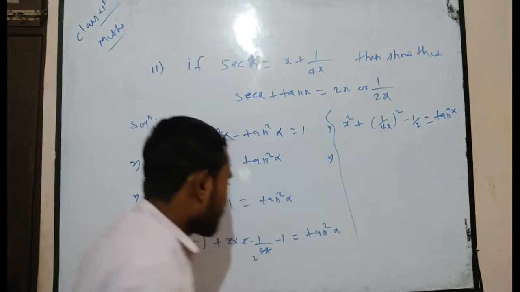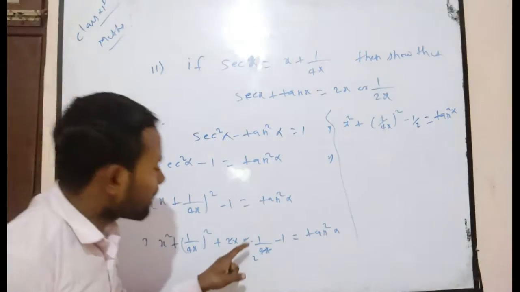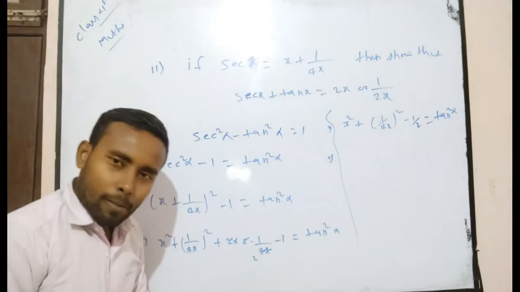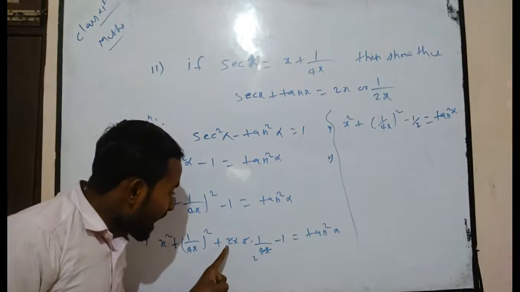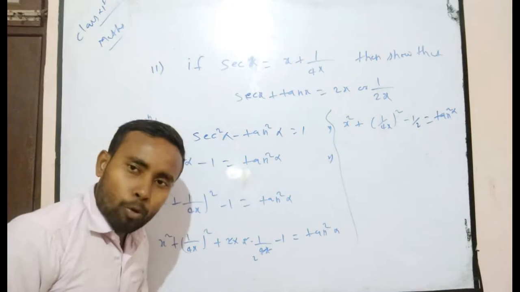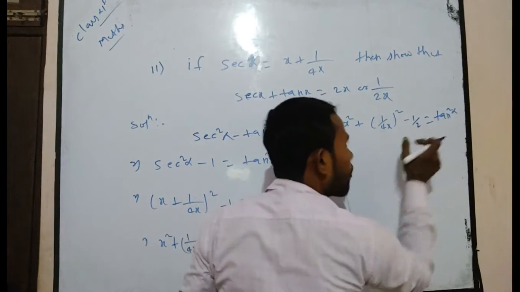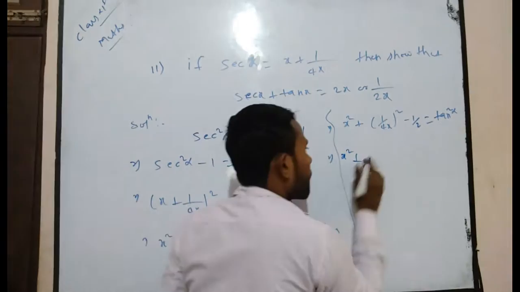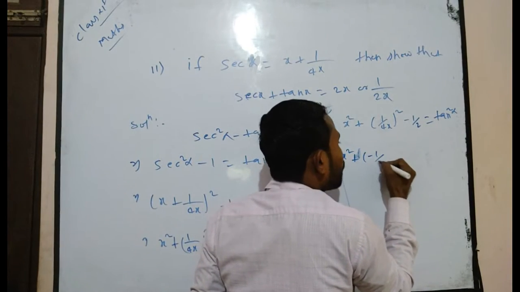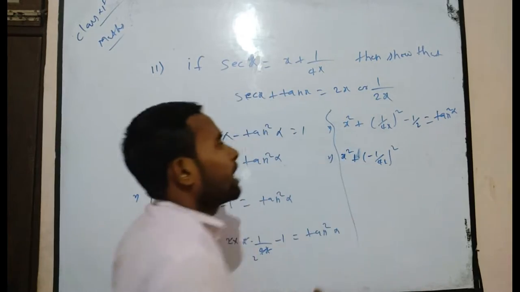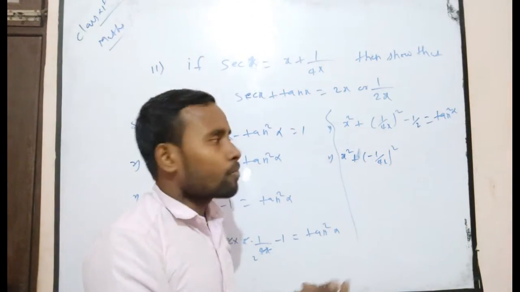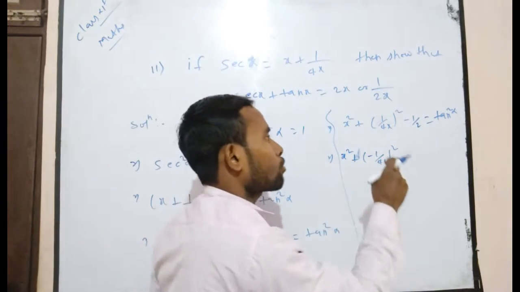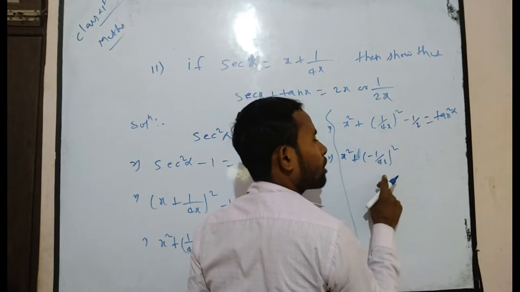If you want to see in this expression, can you say that this 1 upon 2 is 2 times x into 1 upon 4x? That means you can write this term 1 upon 2 as 2 times x into 1 upon 4x, and 1 upon 4x as minus 1 upon 4x whole square, because the square of any positive or negative number will be the same. Given that x is a real number, 1 upon 4x whole square and minus 1 upon 4x whole square will be the same.